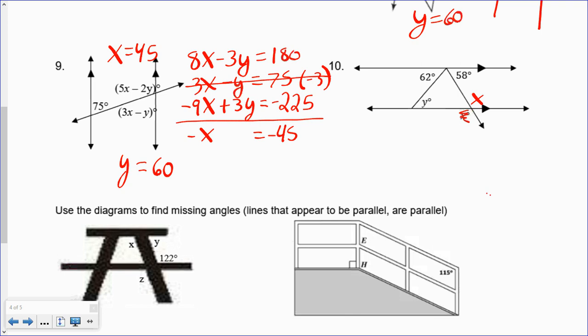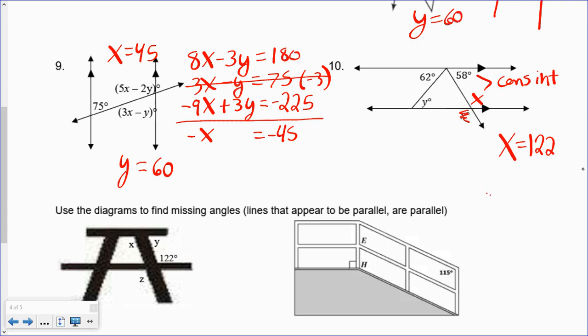Consecutive interior. Consecutive interior, which should be 180. What's the value of X? Does everybody see how I did that? You didn't understand?